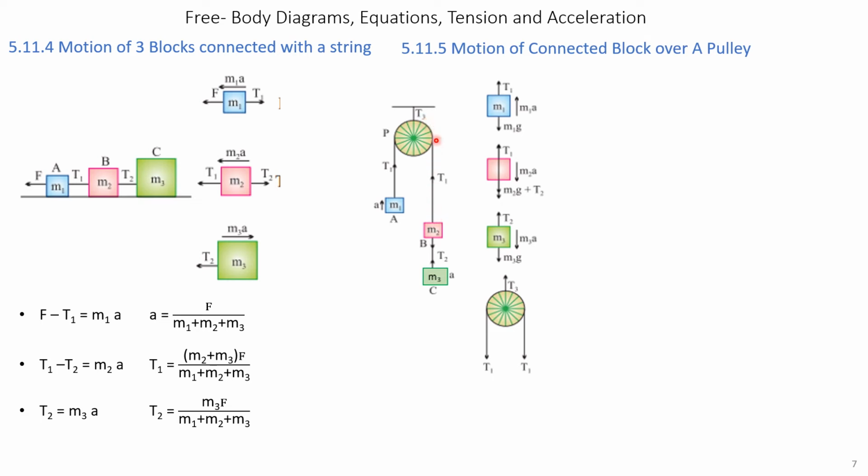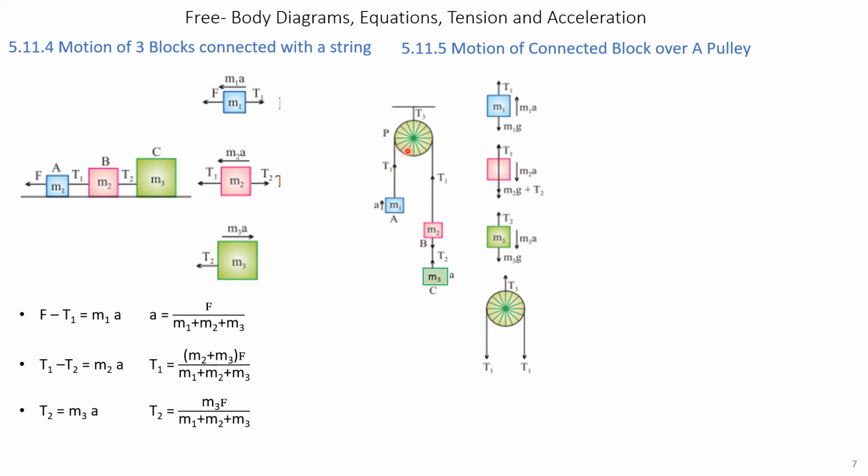A string is passed over the pulley and weights are attached. A is attached on the left hand side with mass M1. On the right hand side we have B and C. B has a mass of M2 kg, and C has a mass of M3.